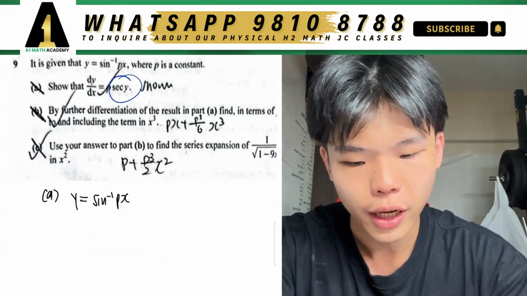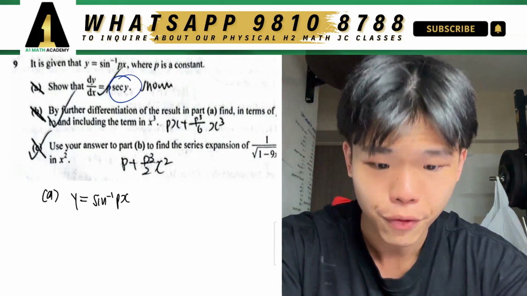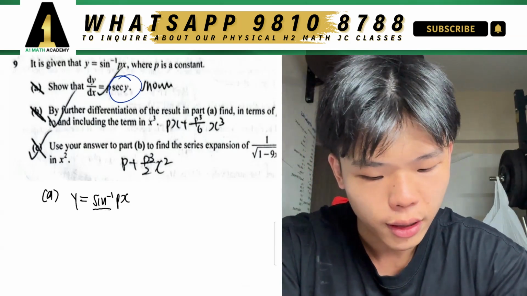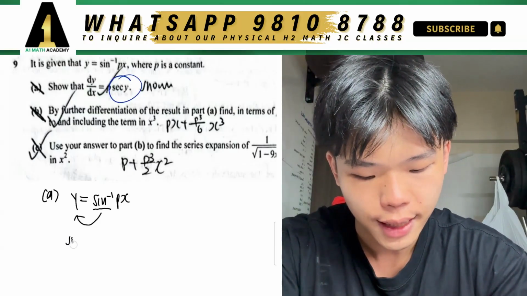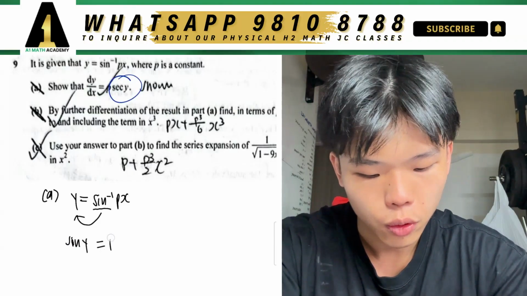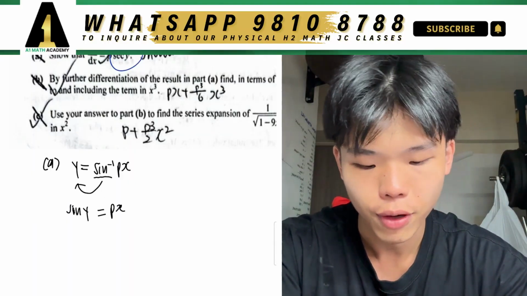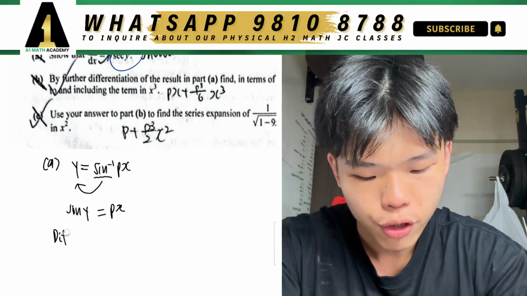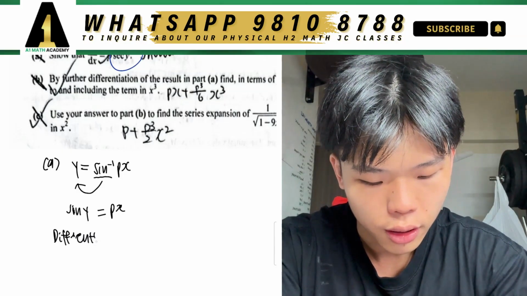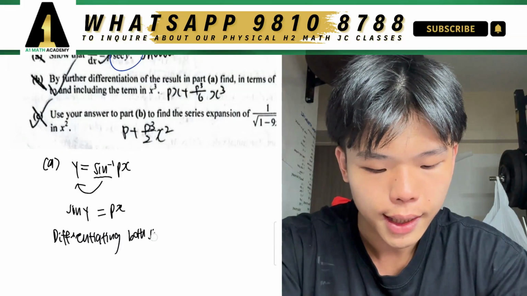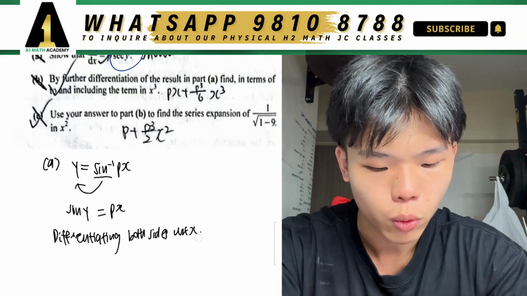So my first step would actually be to simplify this, right? I'll bring the sine inverse to the other side, and I'll have sine y equals px over here. Then from here, I would differentiate both sides with respect to x.